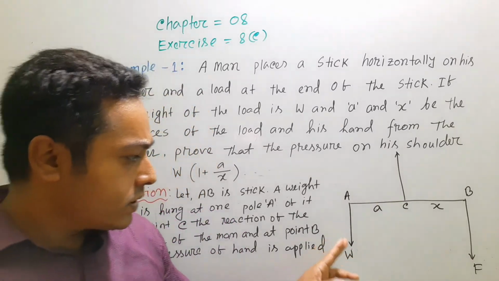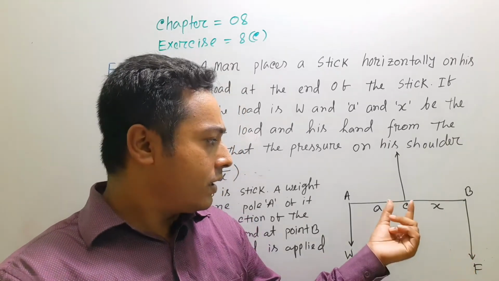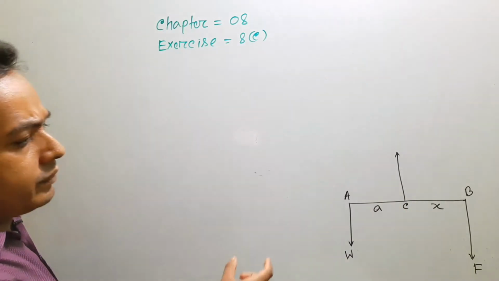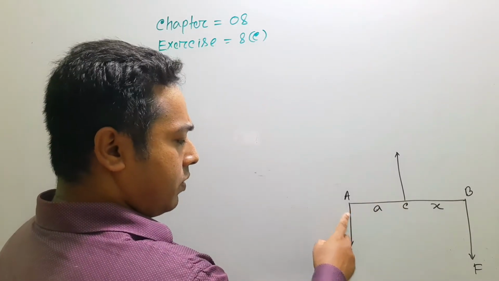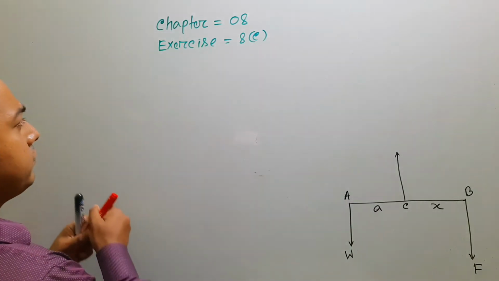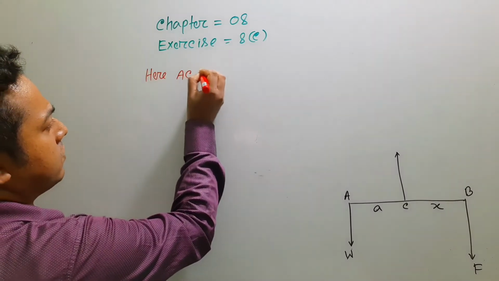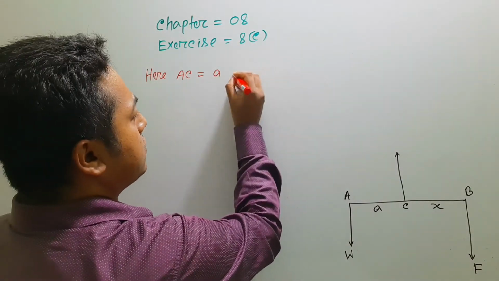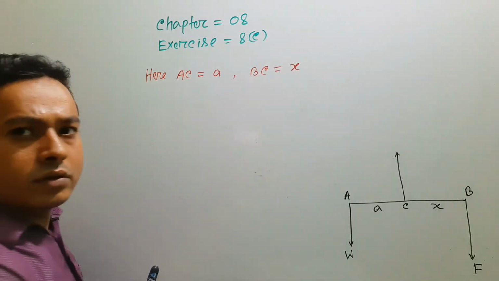If the forces W and F have their resultant acting at point C, then the distance from point C to the load W is a. So AC is equal to a and BC is equal to x, which is given in your question.